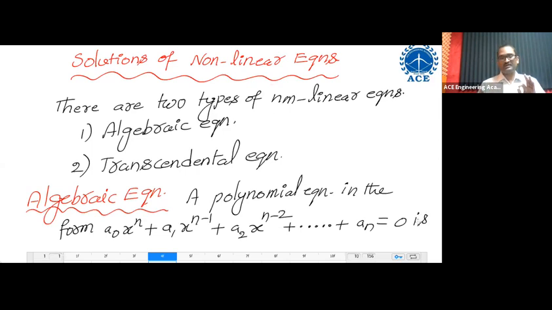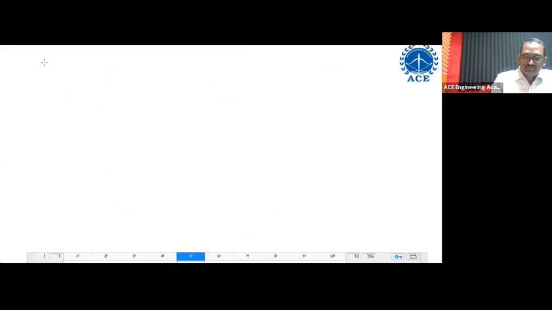But simply remember, x to the power of any real number is called an algebraic equation.